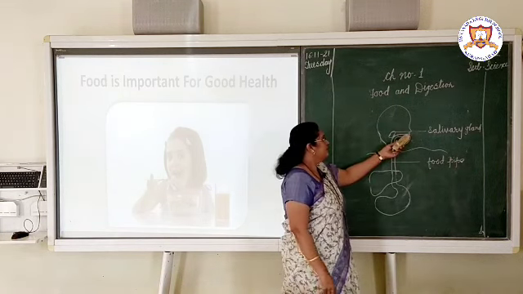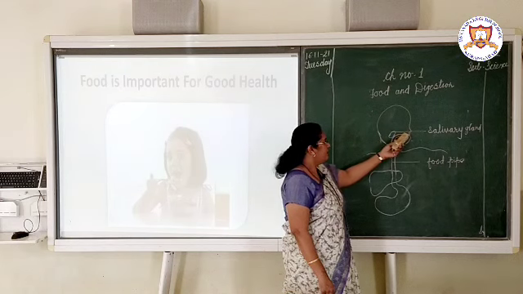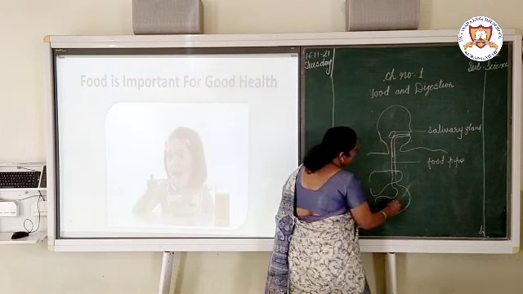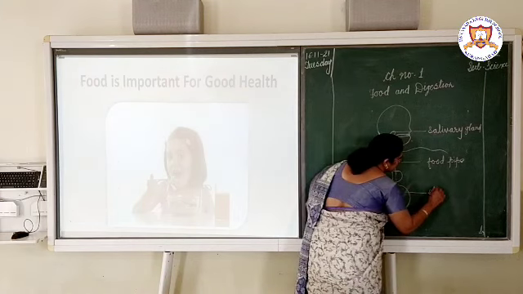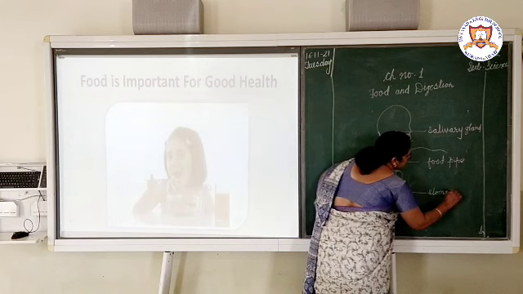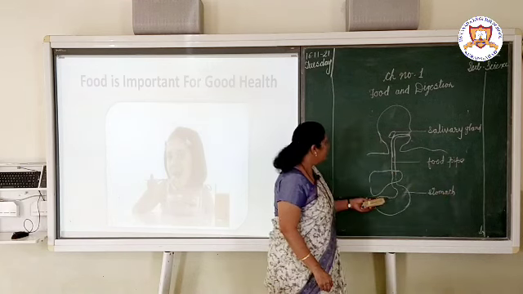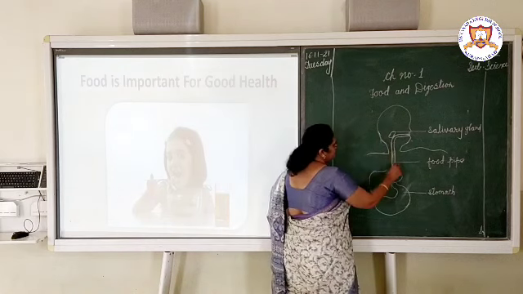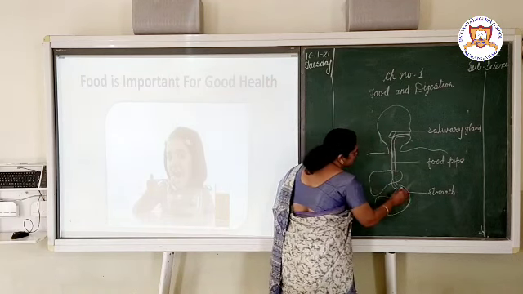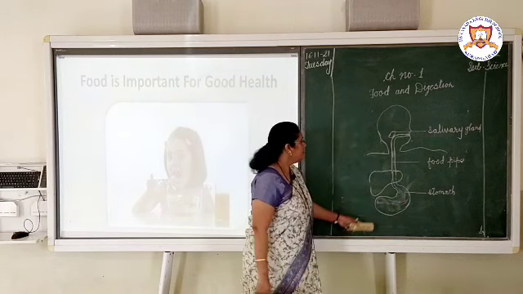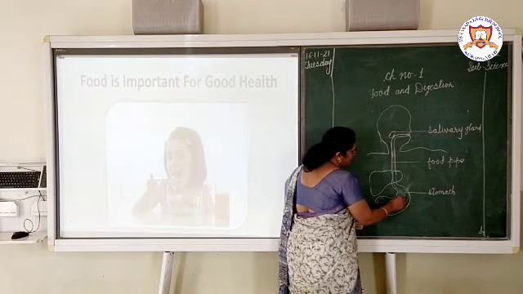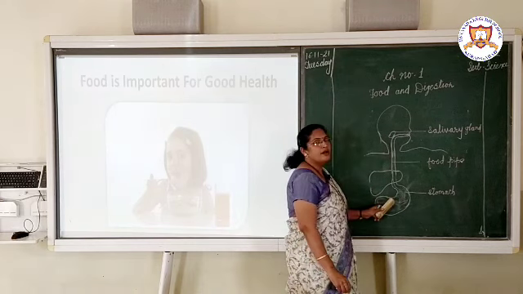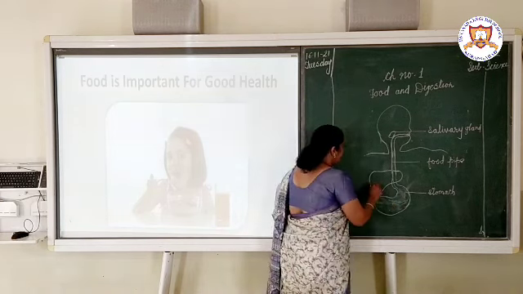So from the mouth, the food mixes with the saliva, and then through the food pipe it goes to the stomach. This is the stomach. The stomach is a hollow muscular bag present in our digestive system. Here the churning of food occurs, meaning the food mixes with the juices secreted by the stomach.